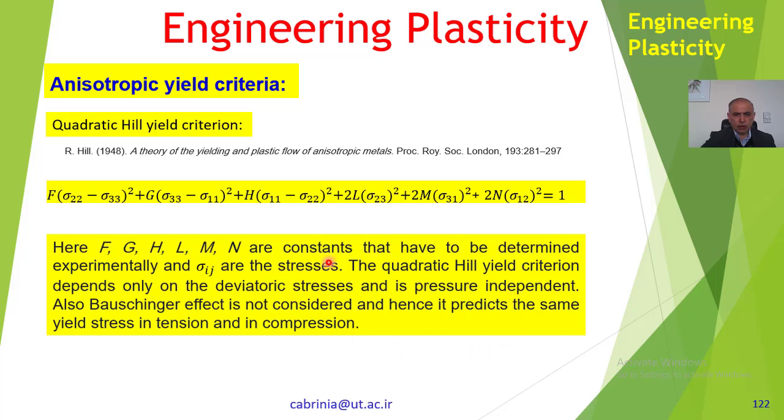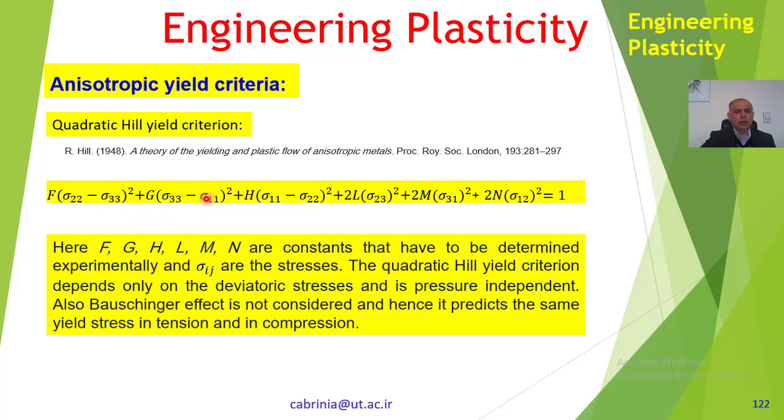So these constants have to be determined experimentally, and sigma ij are the stresses. In some notations x, y, z are put instead of 1, 2, 3, but here we have put 1, 2, and 3. These are the orthogonal axes, three axes perpendicular to each other.